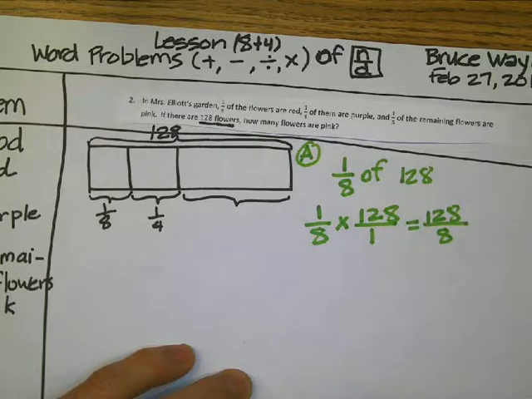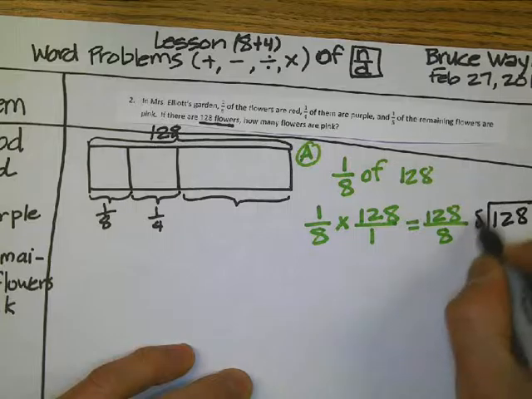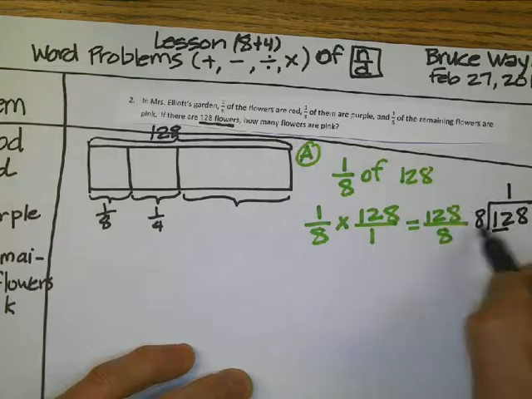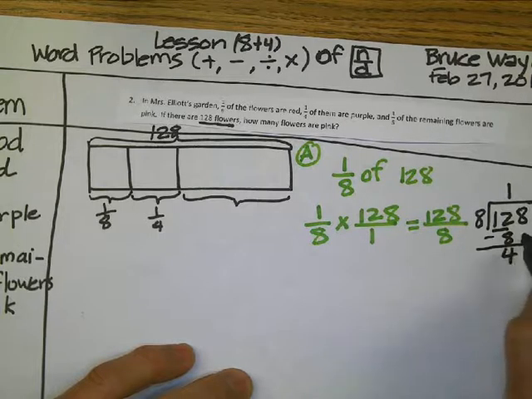The 8 goes into 12 once. 1 times 8 equals 8, and the remainder is 4. Then we bring the 8 down. And we say that 8 goes into the 48. 8 times 5 equals 40. 8 times 6 equals 48. And that will be the answer.